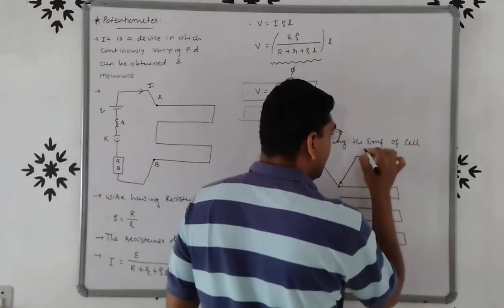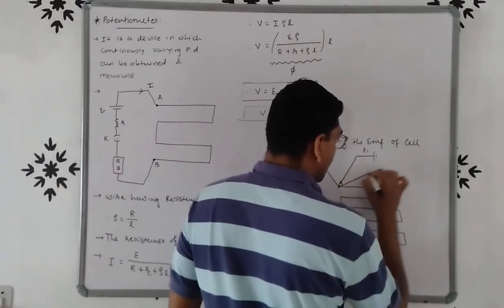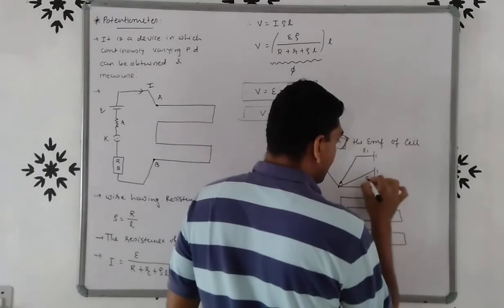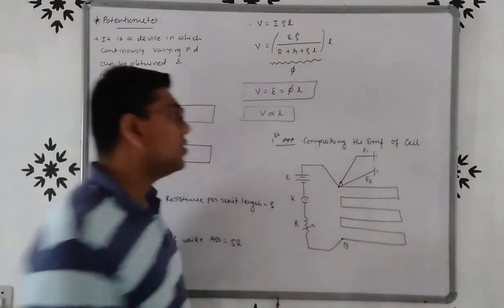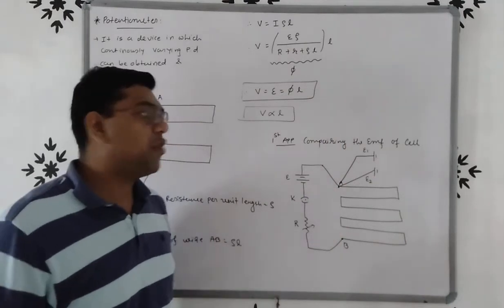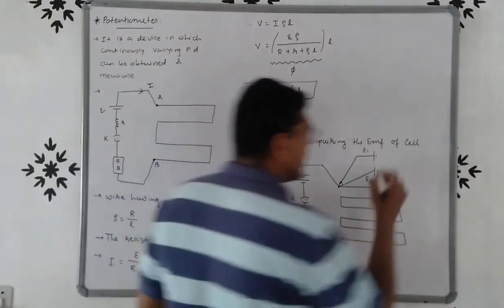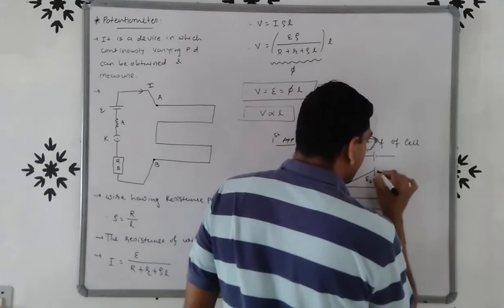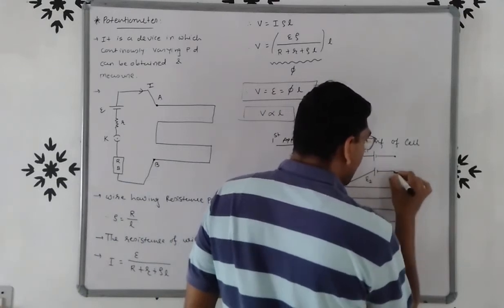This is E1 and this is the second battery E2. The positive terminals of the batteries are connected to point A.